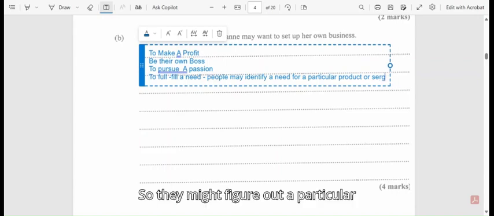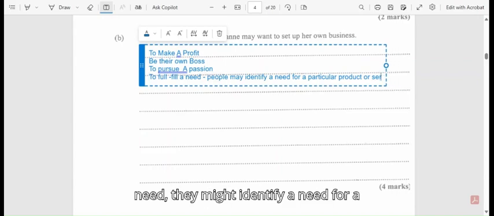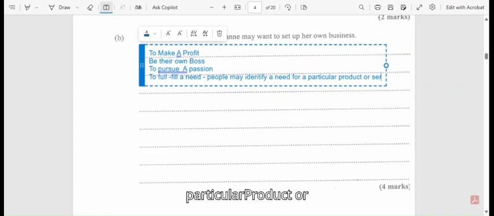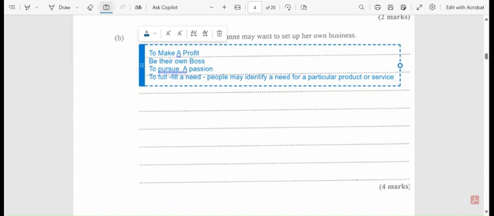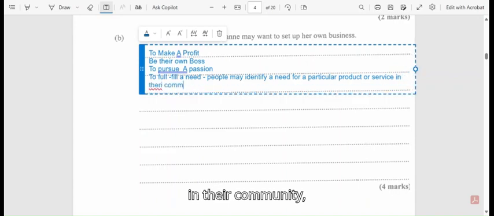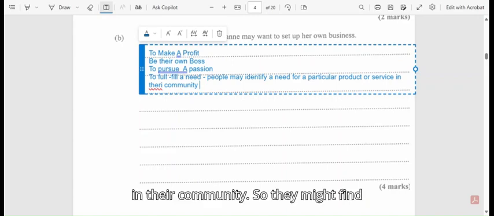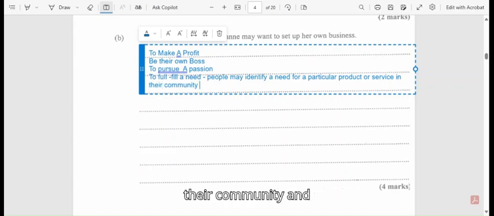They might identify a need for a particular product or service in their community. So they might find some need in their community, and decide to start a business.